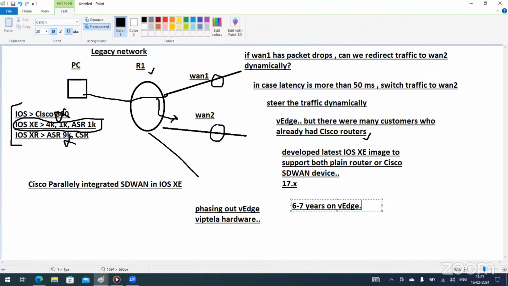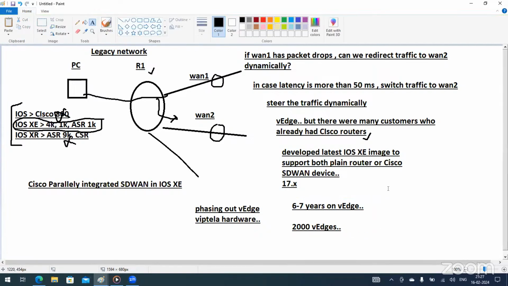I have seen organizations who have 2000 VHs in their network. It is not an easy one-day job to transform Viptela hardware to Cisco routers. So it would take some time to transform their Viptela VH hardware environment to Cisco router hardware.